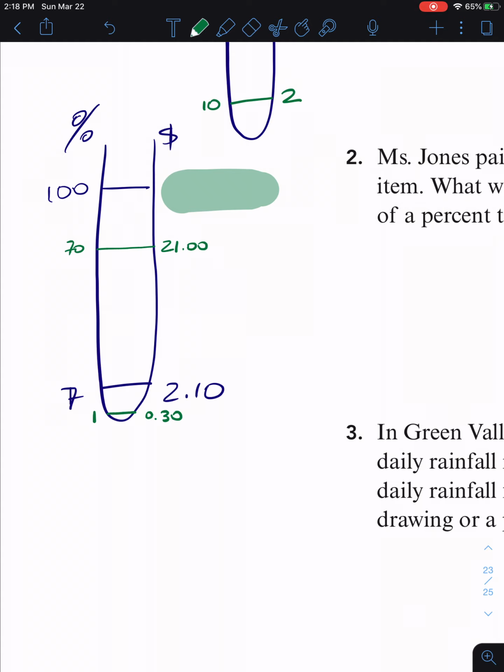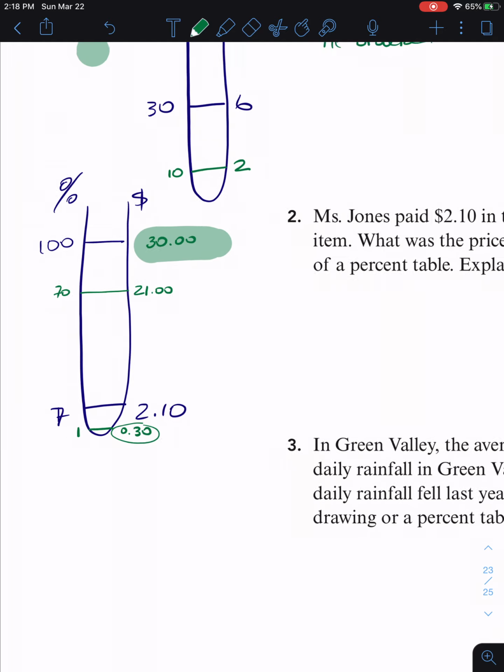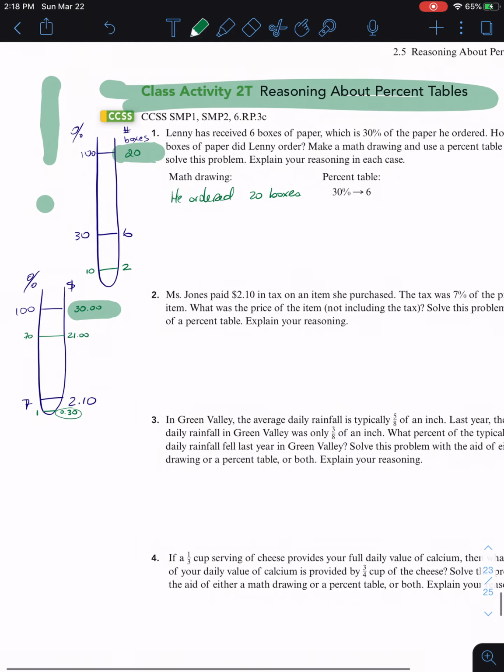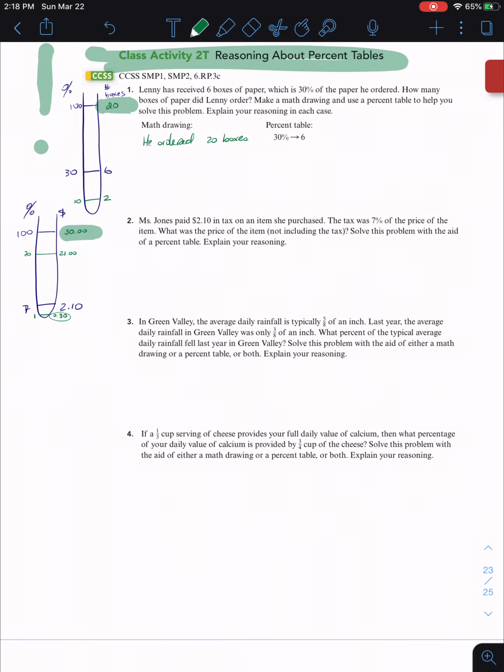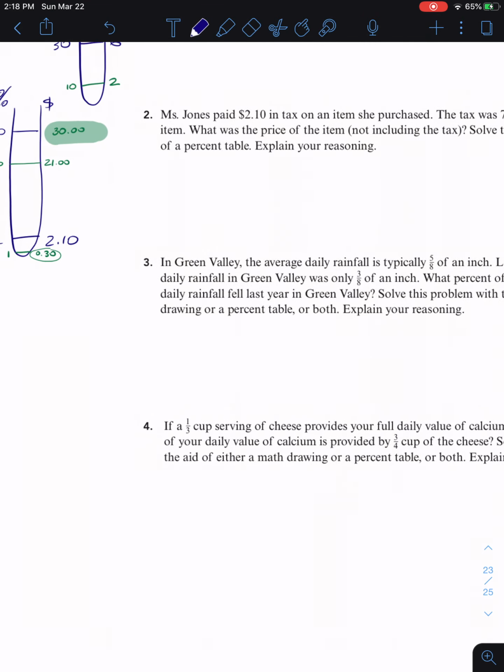So if we take this 100 times, we should get $30. Again, not too complicated in terms of arithmetic, and certainly much more clear as you're looking at the percent thermometer than having to rely on the procedure of finding the equation. The equations will come, but later, when we're generalizing.